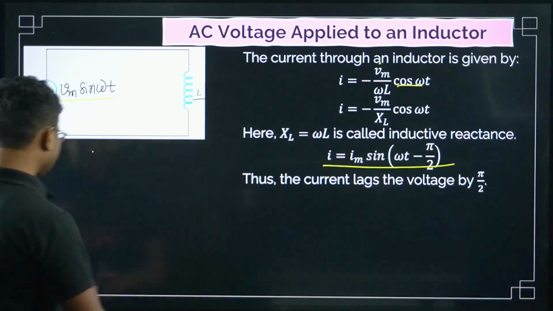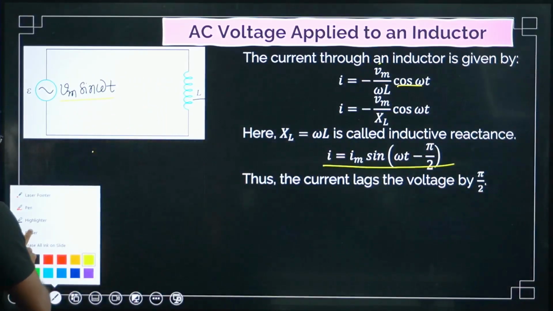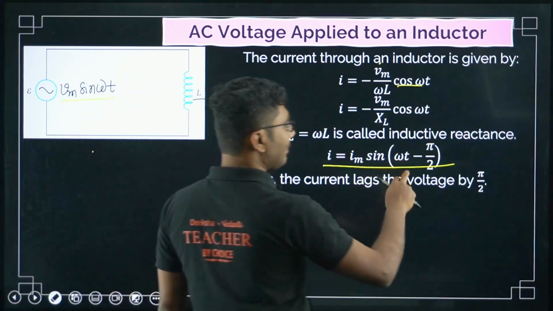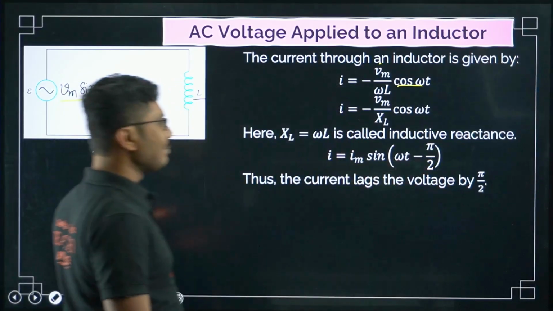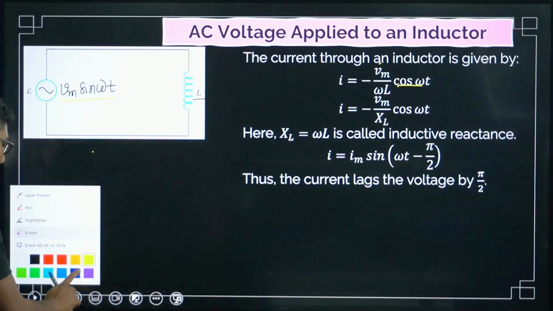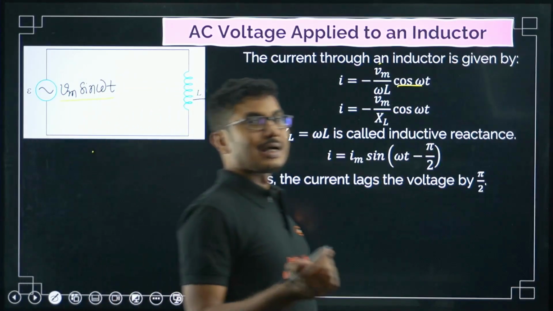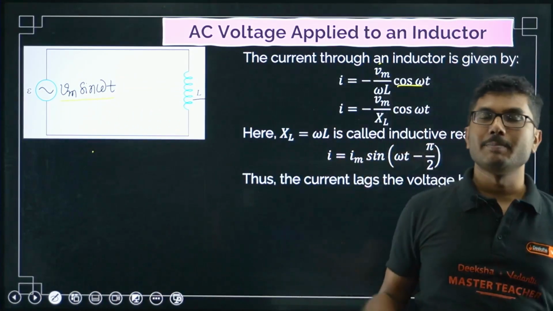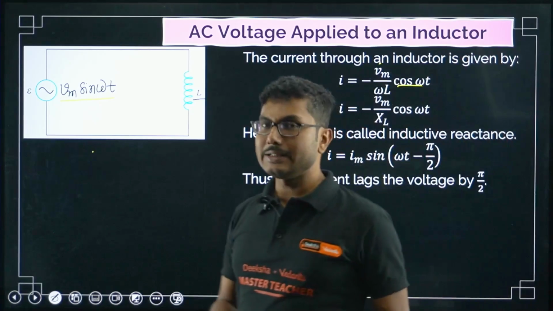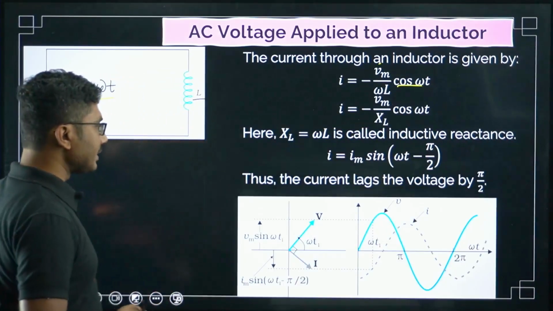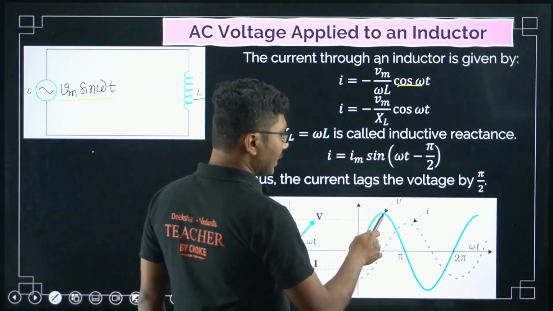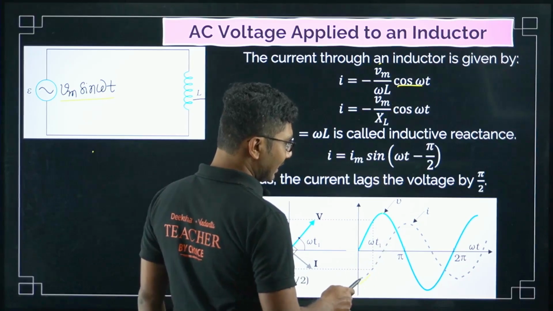So here the current is basically lagging by an angle pi by 2. So in case of inductors, current lags the voltage by pi by 2. That means current is behind. So when voltage is here, the current is here.